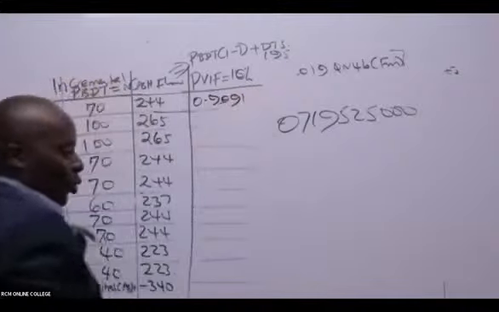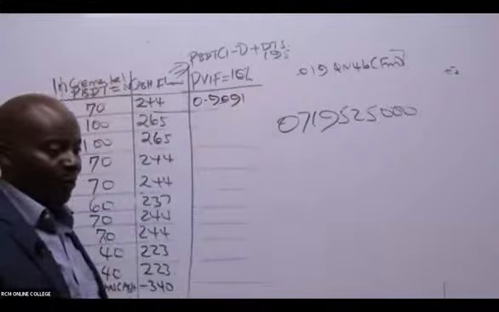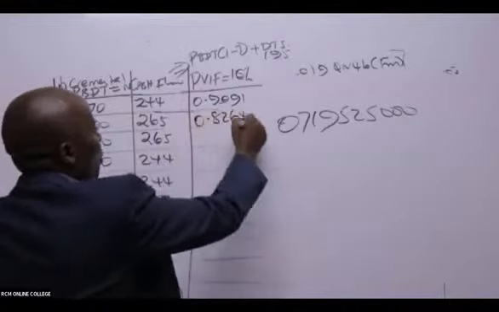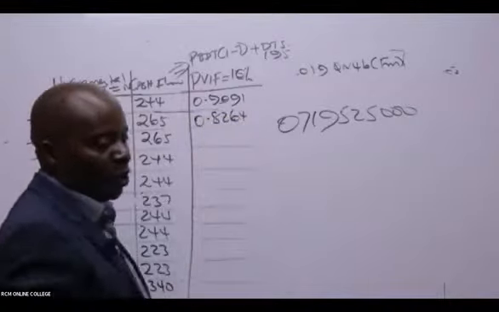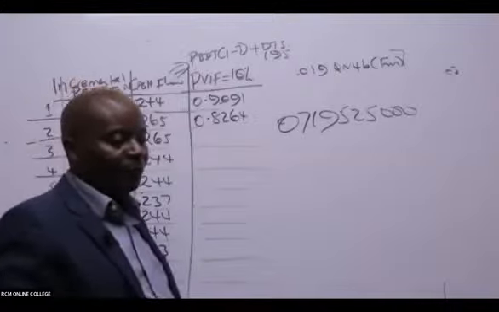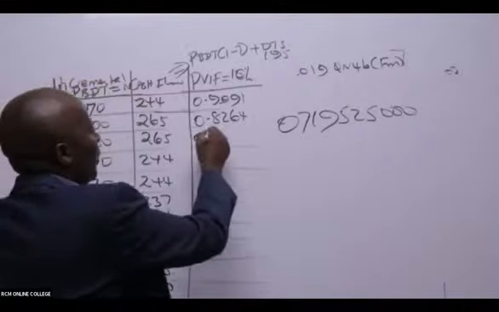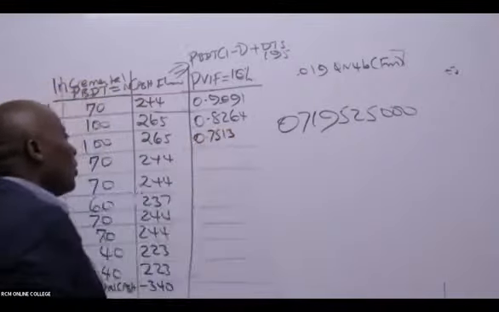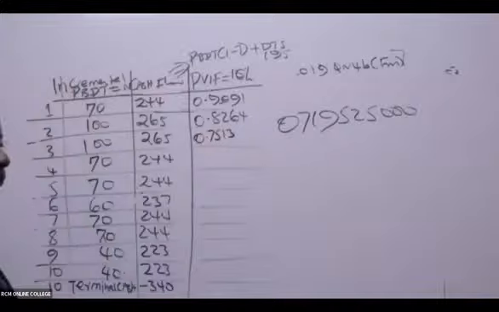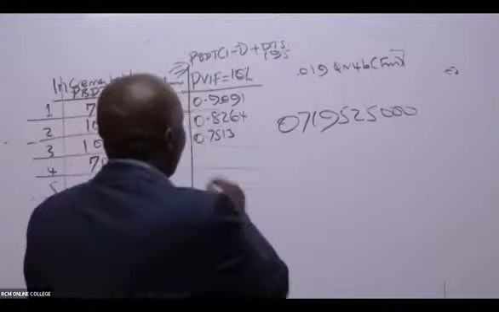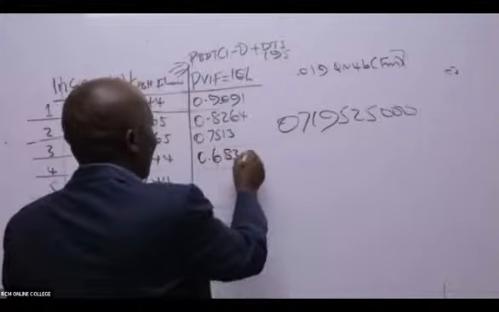How about year two? From the table, 0.8264. From there, we go to year three: 0.7513. From there, we go to year four: 0.6830.